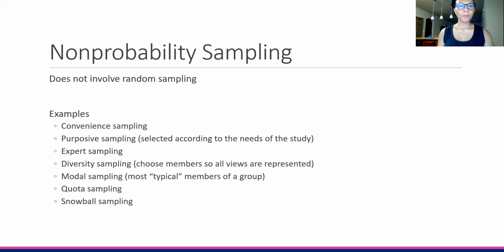Okay. The last piece the chapter talks about is non-probability sampling, and this is where there's no random sampling involved. Some of the examples include convenience sampling. A lot of the research in social sciences uses freshman psychology classes. You generally have hundreds and hundreds of students in a freshman psychology class.